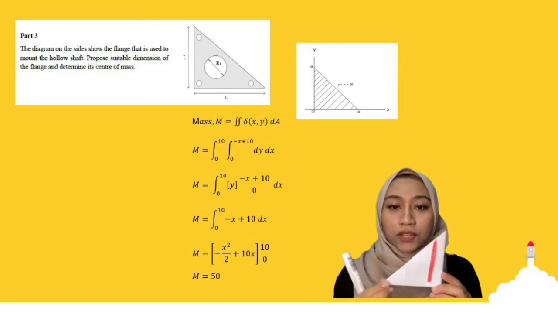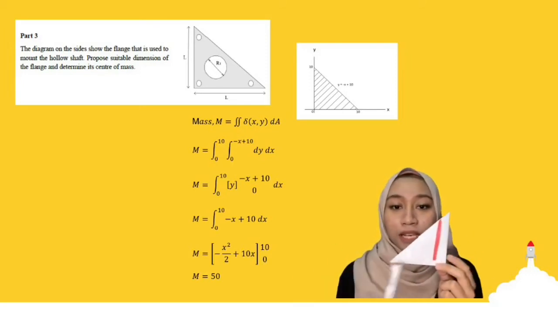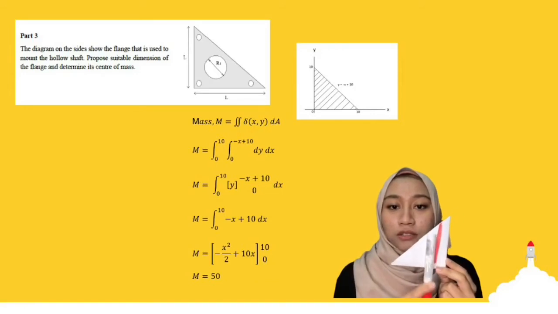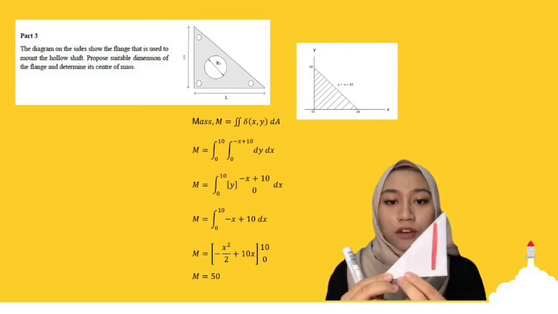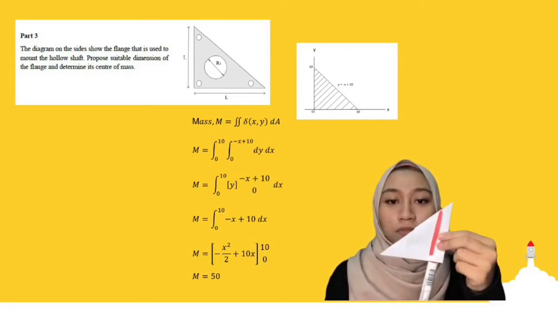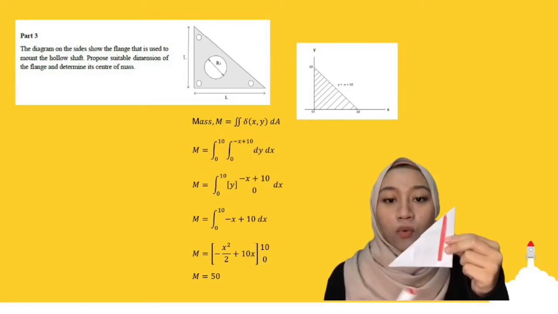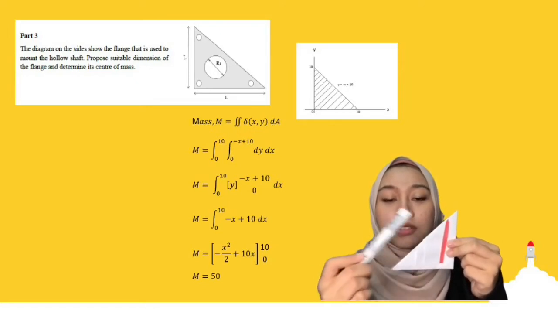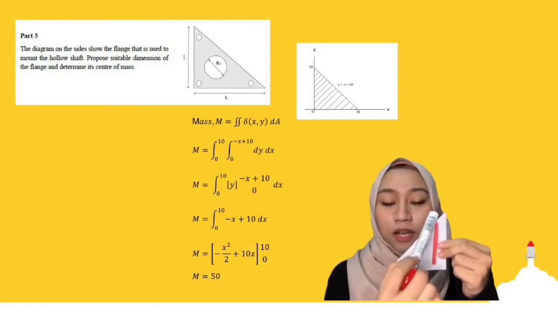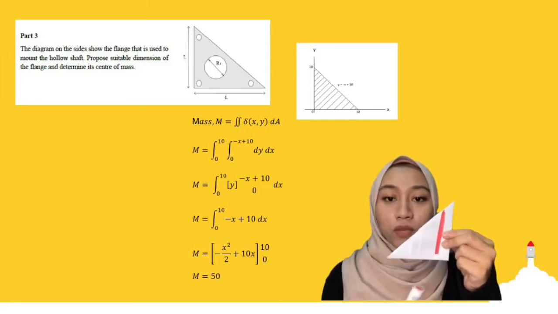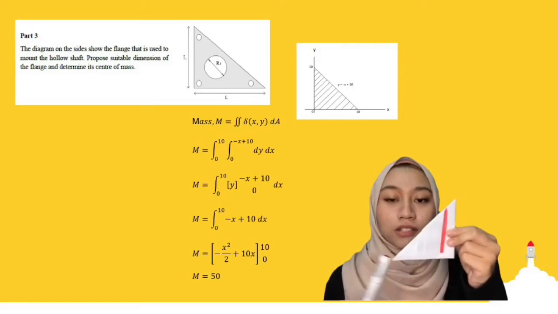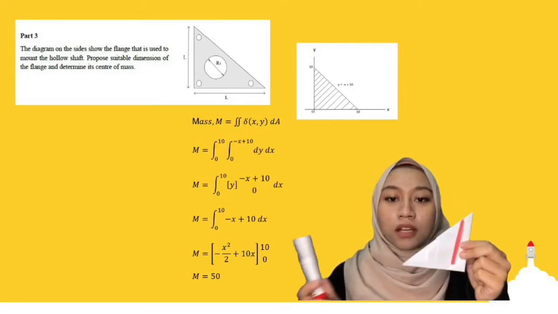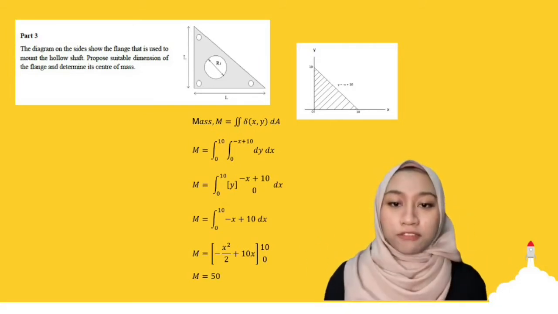As you can see from the sketch in the xy plane, we use a vertical strip method to determine the x and y integrals. For the y integral, we go from bottom to top, where the lower limit is 0 and the upper limit is negative x plus 10. For x, we look from left to right, where the left limit is 0 and the right limit is 10. Then we got the mass equal to 50.